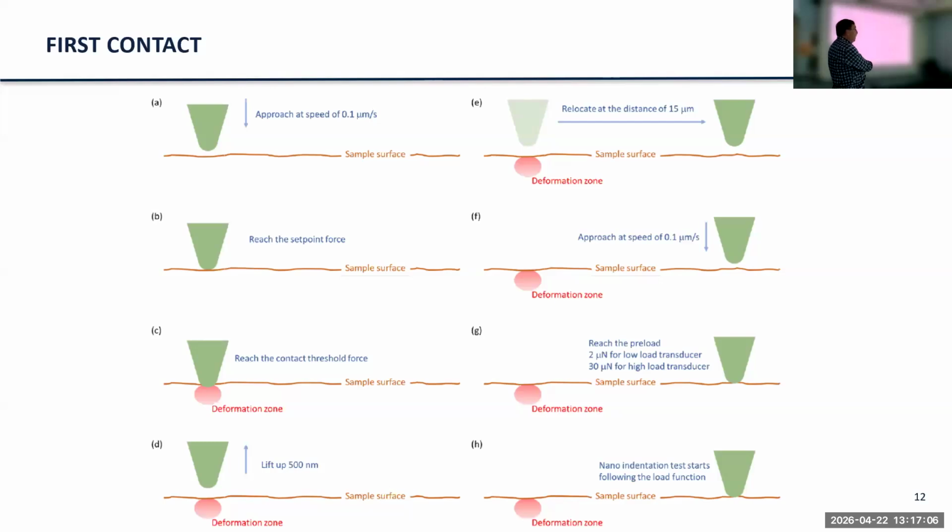So then it lifts up half a micron, 500 nanometers. It moves over. You can specify how far it moves, 15 microns we did in this case. And now it's going to come down, and it knows where the surface is. So it's going to come down very slowly, and we'll have a very gentle and nice contact with the surface. And then the indentation data starts. And of course, we've left this deformation zone. We've moved far enough away that it won't affect this measurement.